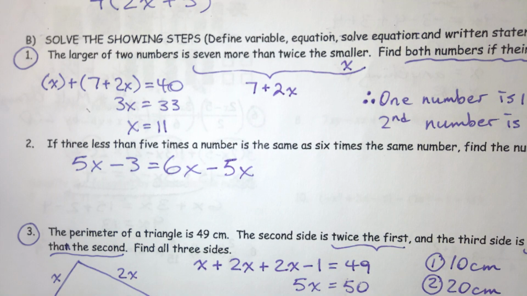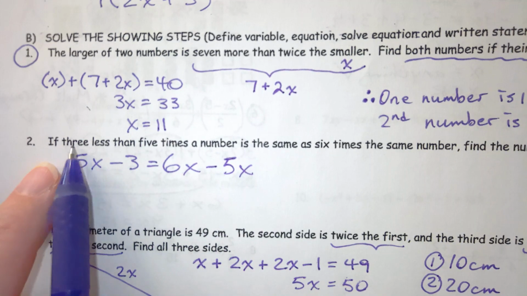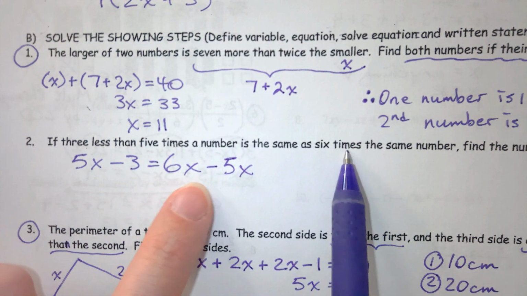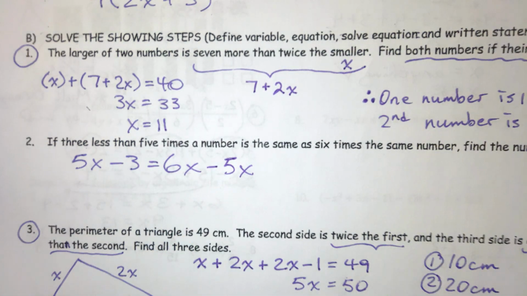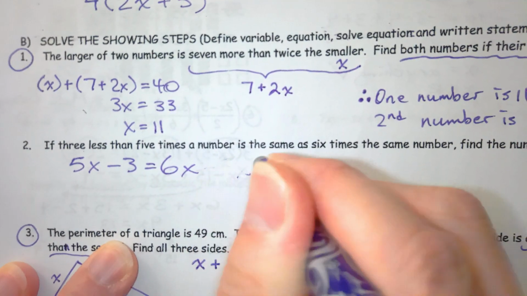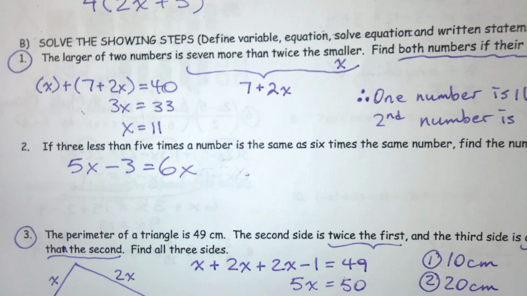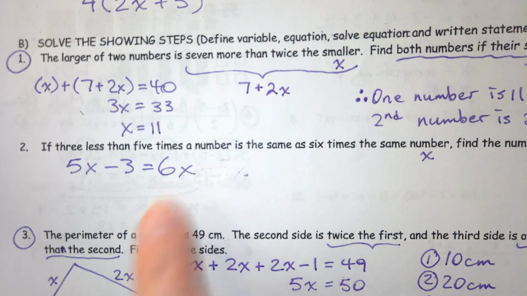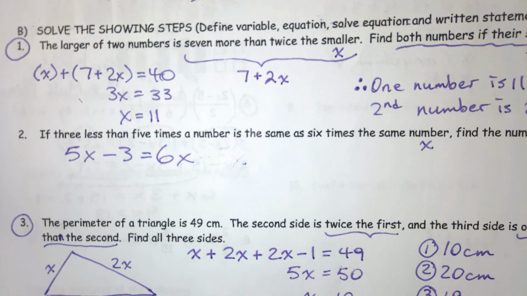Gavin? If 3 less than 5 times the number is the same as 6 times the same number, there's no extra 5x. It's just this. The number is just the x already. So it's just that. Okay.